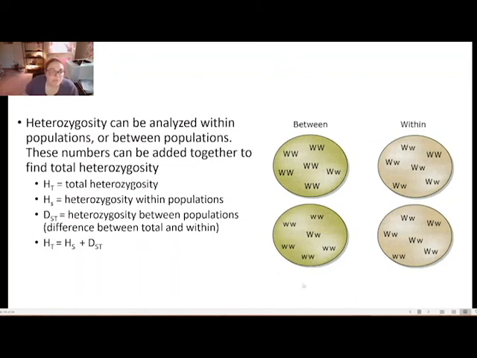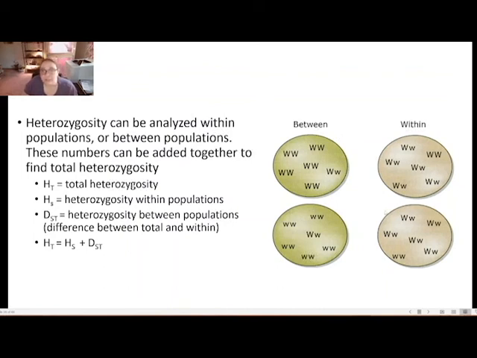What that means is most of their genetic diversity would have to be between the populations. If you lost one of these populations, you would lose the majority of one of these types of alleles. So in this type of species, it would be beneficial to protect all of the populations because you need to have all of this genetic diversity.